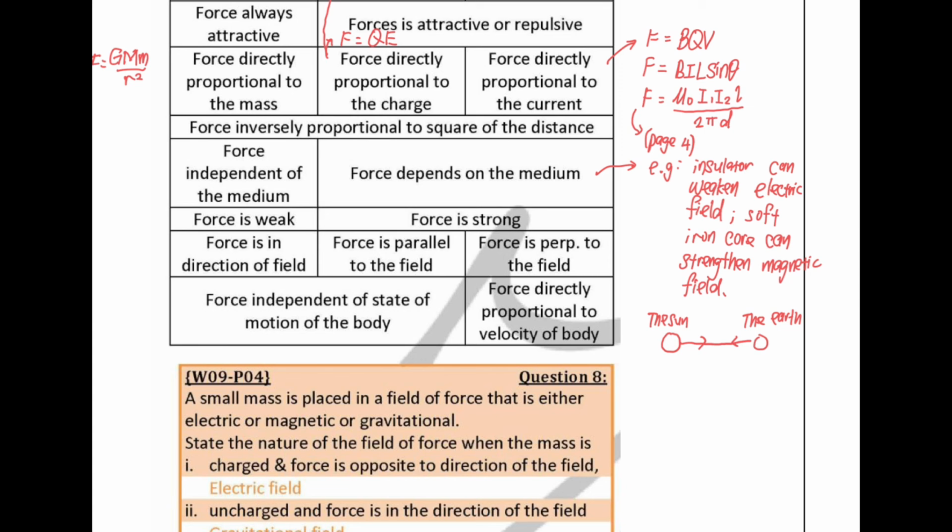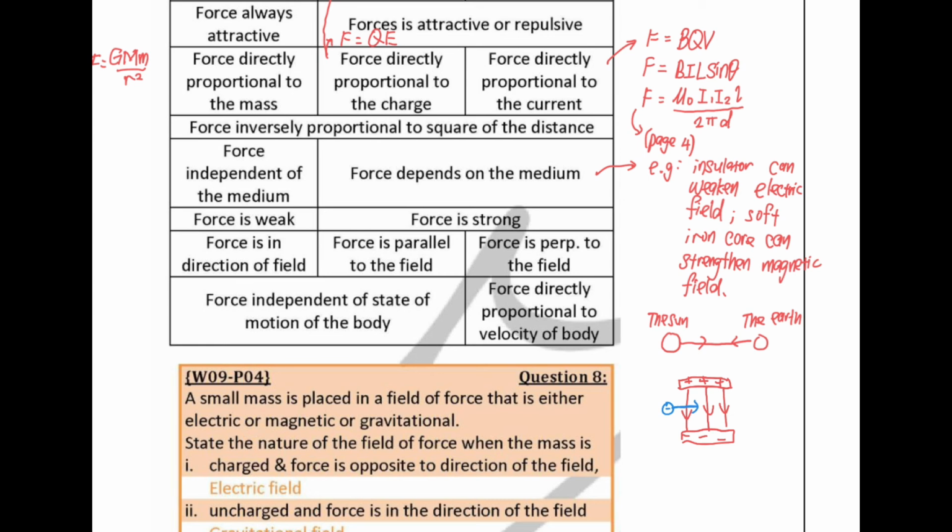Okay, so for this one, force is parallel to the field. Let's say for example you have an electric field. Here positive and here negative, so the electric field is down. If you have a moving negative charge that moves here, then the electric force is either going up or going down, depending on the charge of the moving charge.